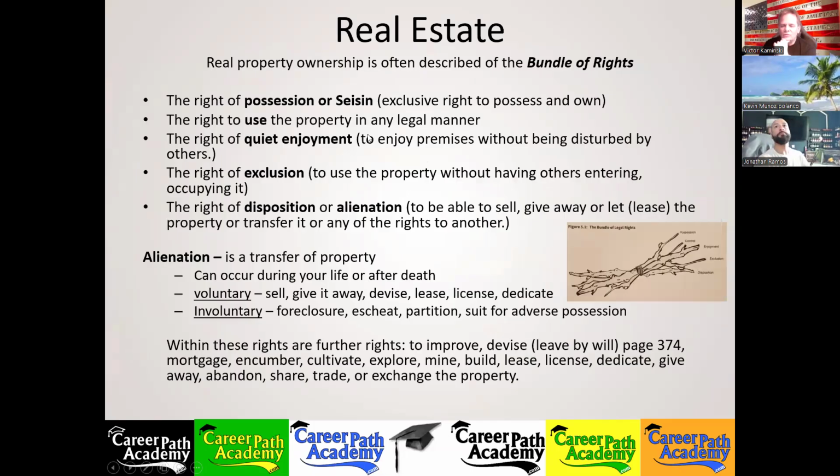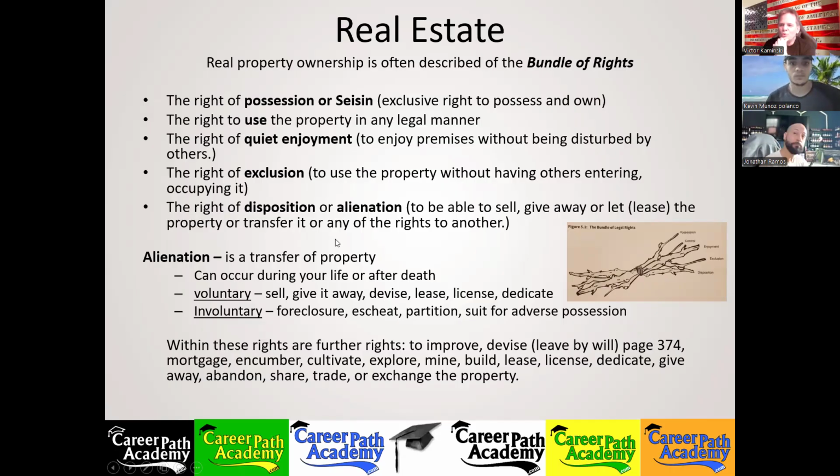Now, real estate can be described as the bundle of rights. Here you've got a picture of a bundle of sticks tied together. You often see attorneys and real estate agents taught about the bundle of sticks. All the sticks represent the rights that you get. Some sticks can be taken out of that bundle, and you don't get them.